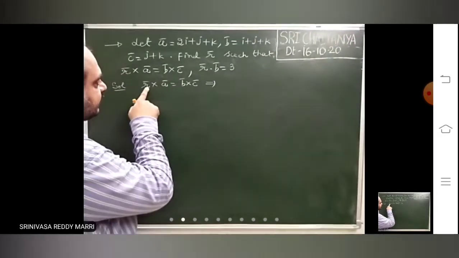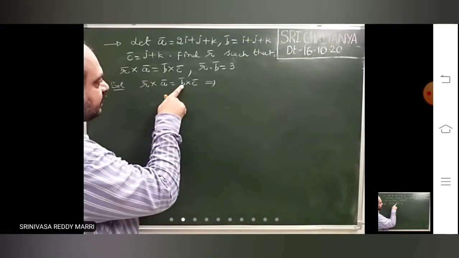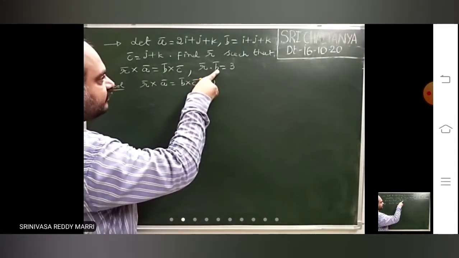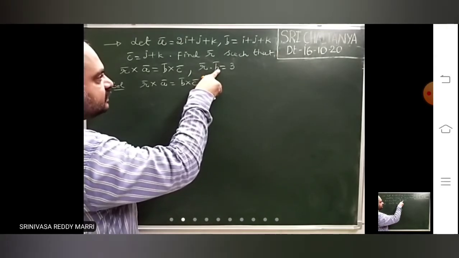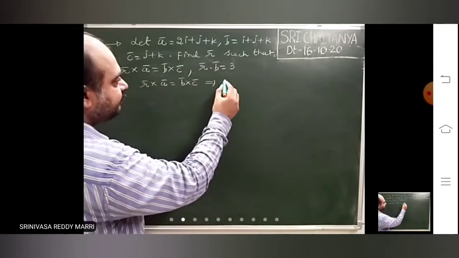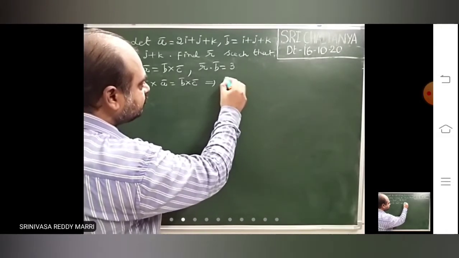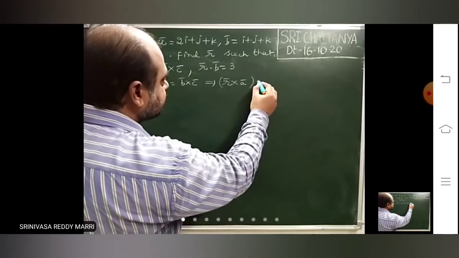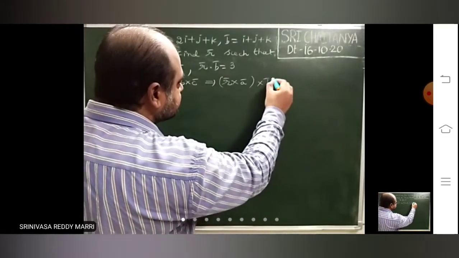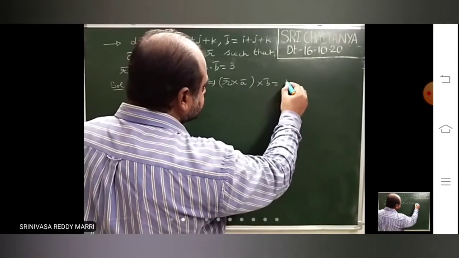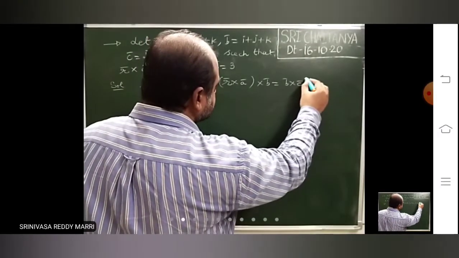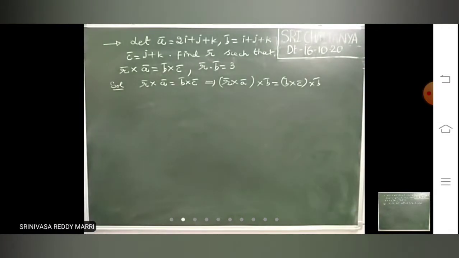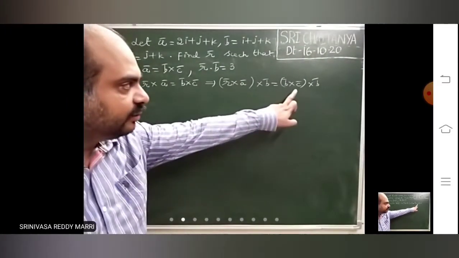Other than R bar, there are three vectors: A bar, B bar, C bar. Here R bar dot B bar is given. That is the condition given, so with that vector, B bar, you do cross product on both sides.